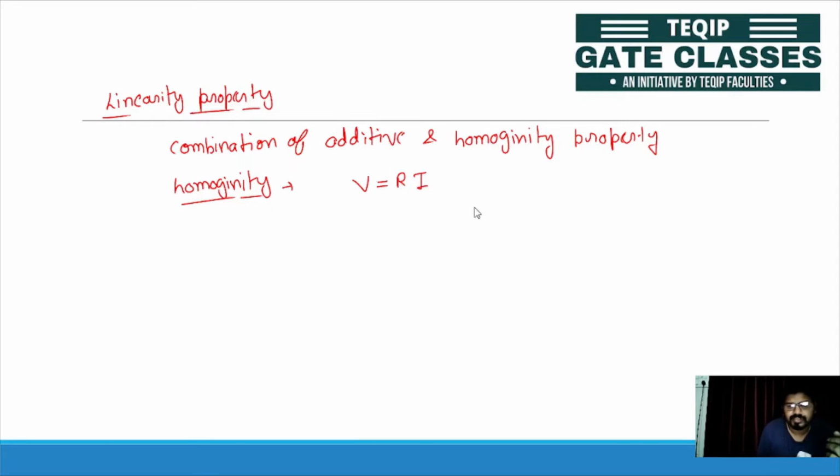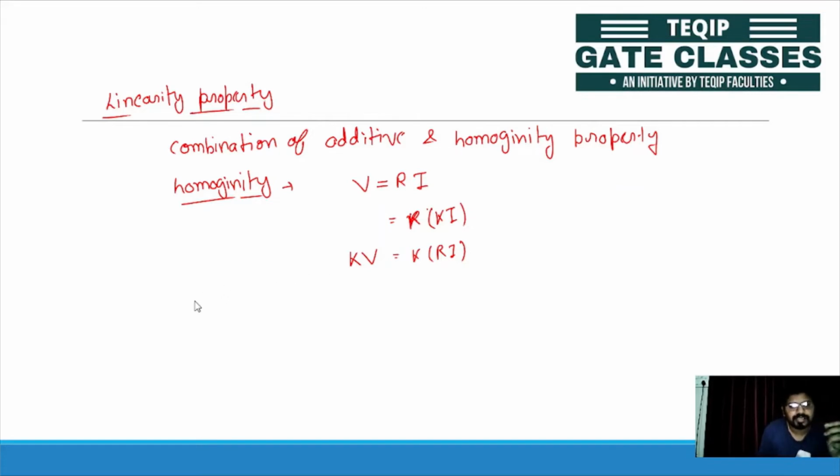So if we scale I by k, it is R into kI, then our output will also be kV. So this is the homogeneity property.